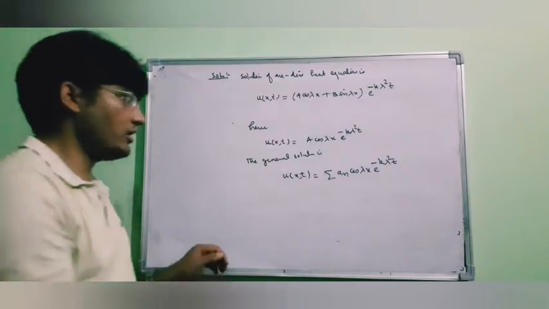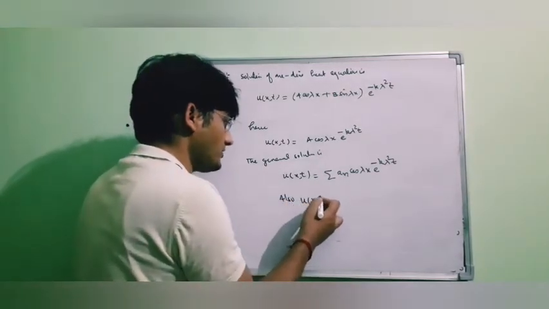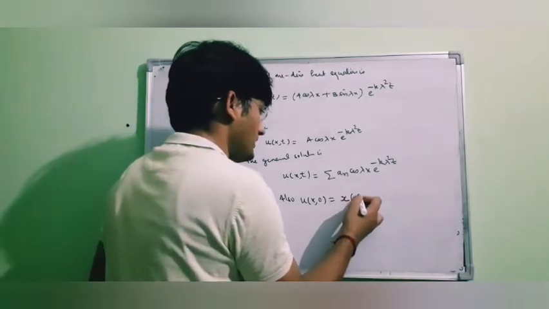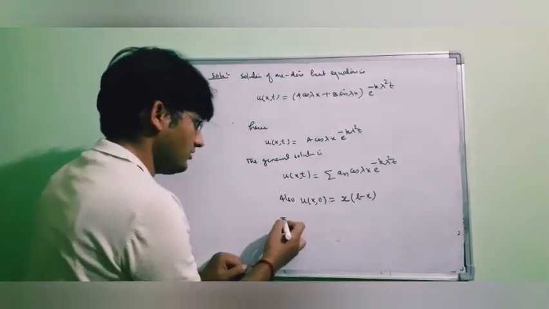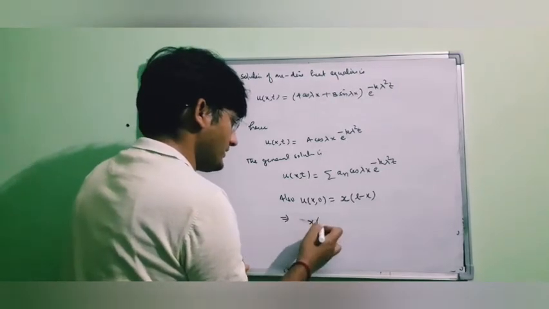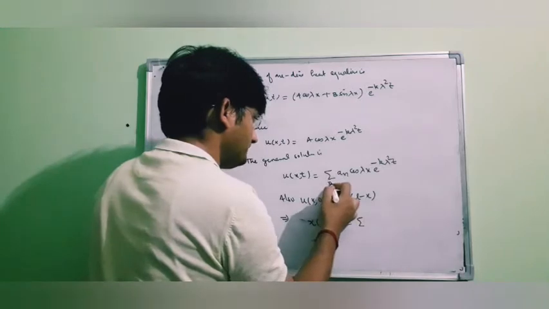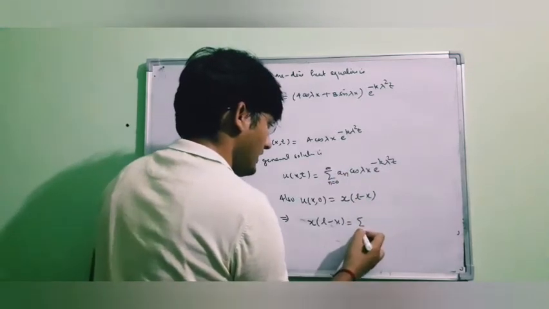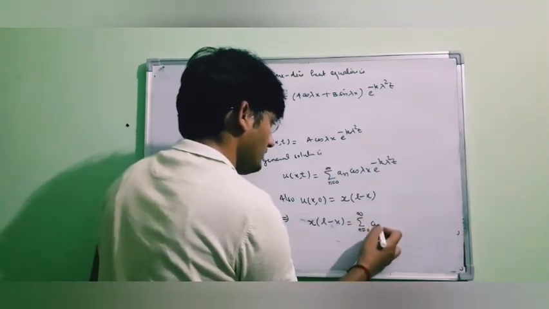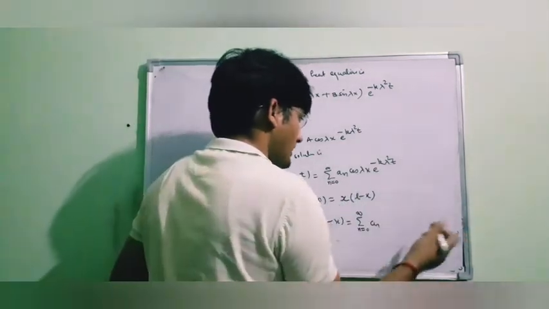Now let us use the third boundary condition also. Your u(x, 0) is equal to x into L minus x. So if t is 0, the left hand side will be x into L minus x, and in the right hand side we will have the summation over n equal to 0 to infinity of A n cos lambda x, since e to the power 0 is 1.